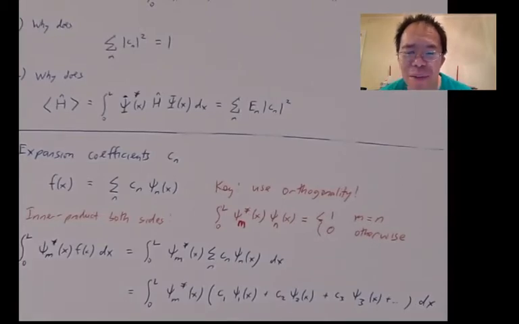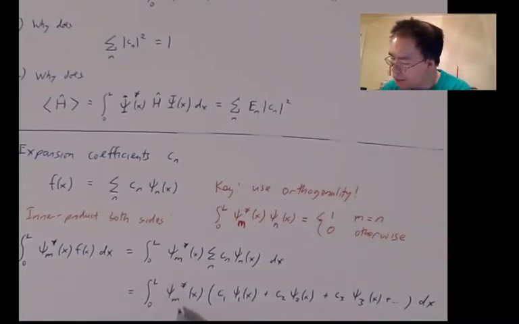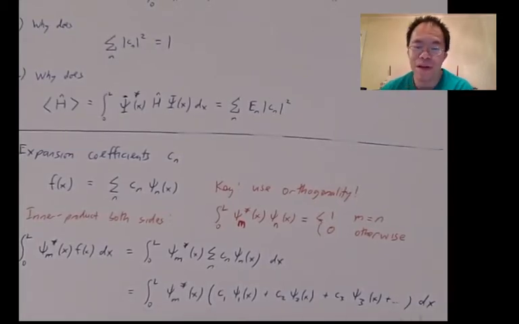Okay, so this doesn't look quite so bad now, right? Because notice I have just psi sub m star multiplying a whole bunch of terms. You know from calculus that I can split this integral up so that I can integrate it term by term. What's more, there's a constant, c1, c2, c3, etc., appearing in each term, and I'm perfectly allowed to factor that constant out of the integral.